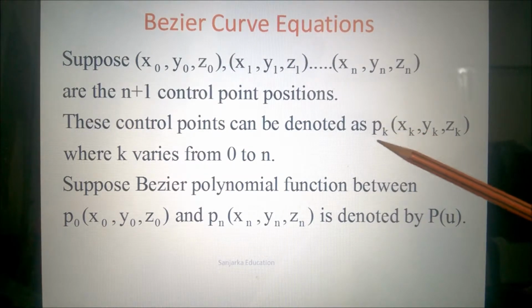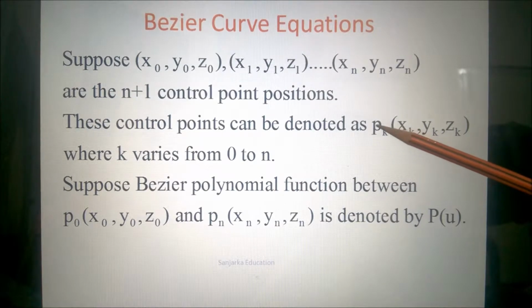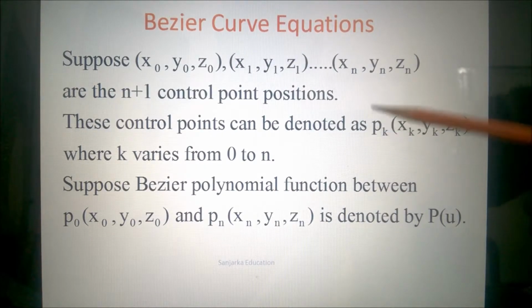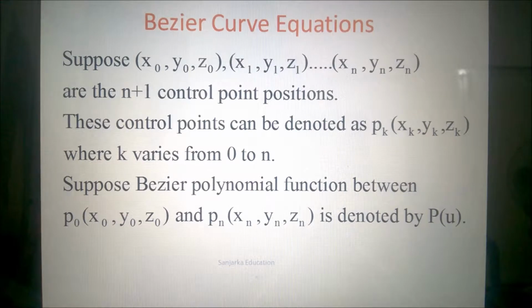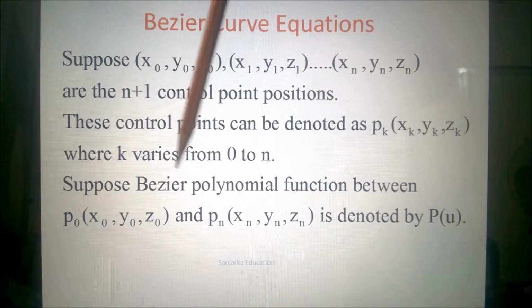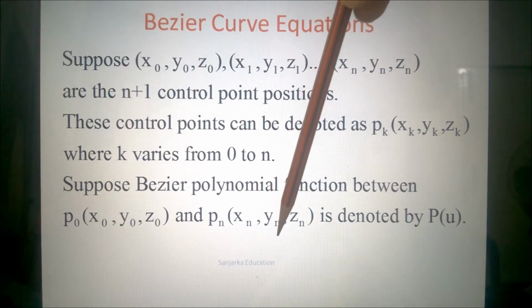Here I want to mention that p is a small letter I am taking for control points, and the subscript will vary from 0 to n, so we get n plus 1 control points.